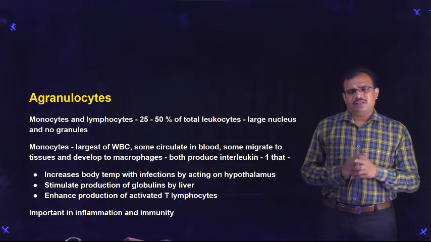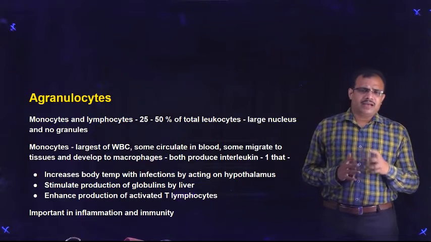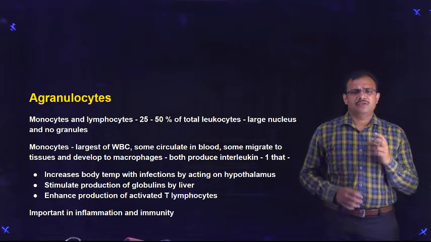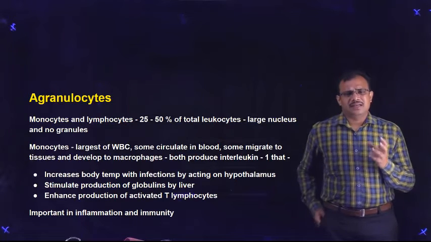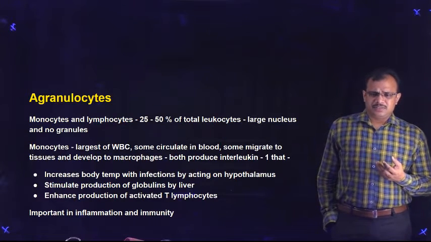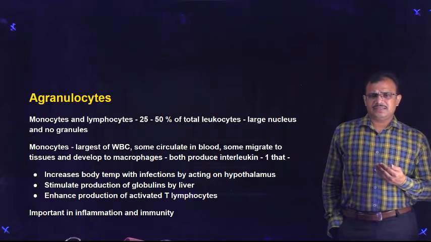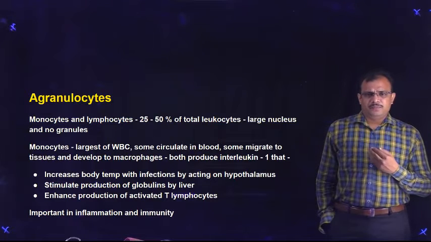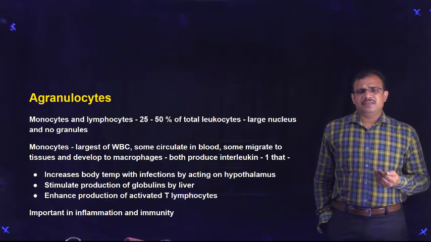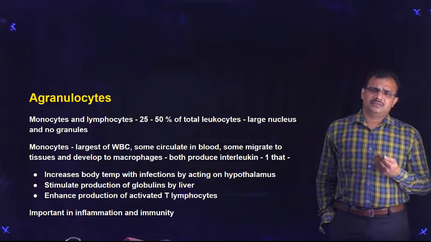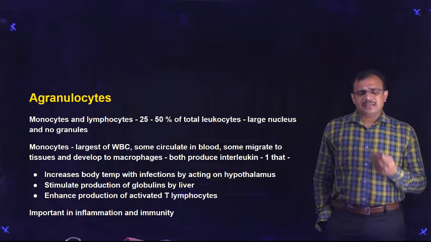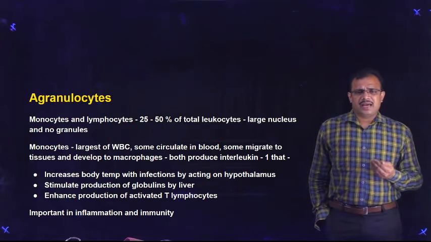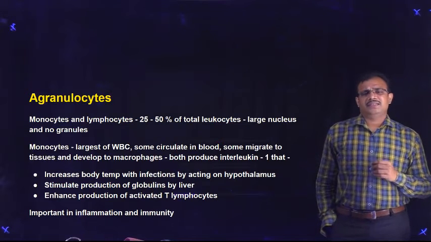We have seen phagocytosis is cell eating. Macrophages, in the sense, are large in size and they are involved in phagocytosis of larger substances or more substance. Both monocytes and macrophages produce interleukin 1, and this interleukin 1 increases the body temperature because interleukins act on the hypothalamus, which is a temperature regulatory center.